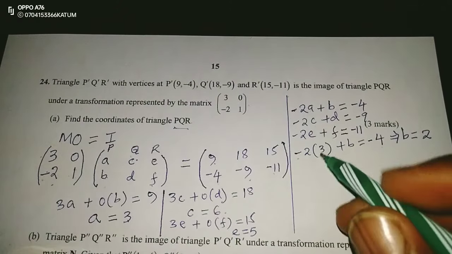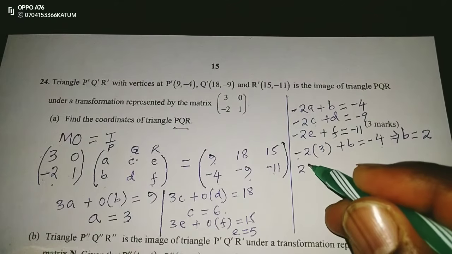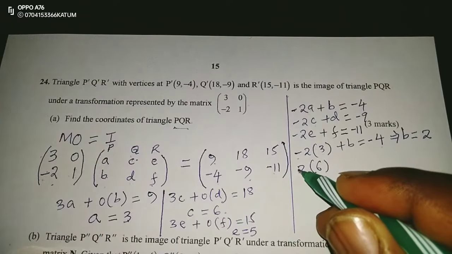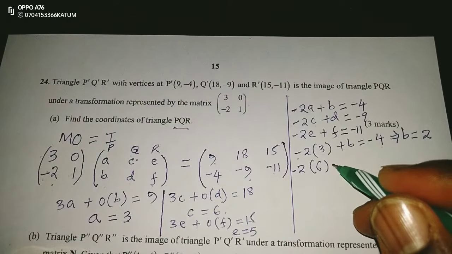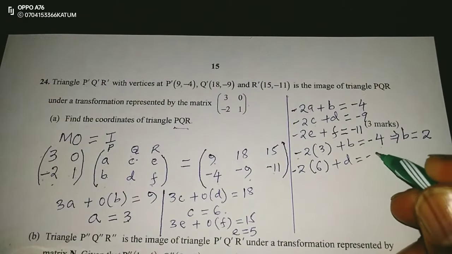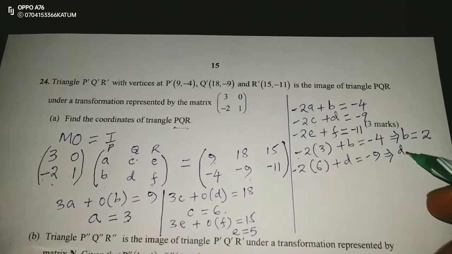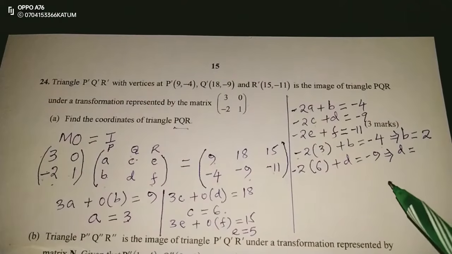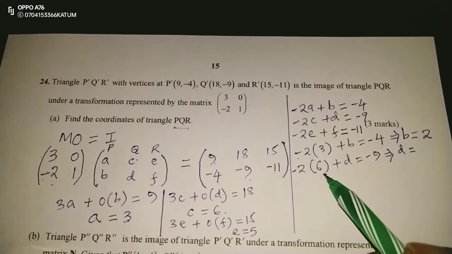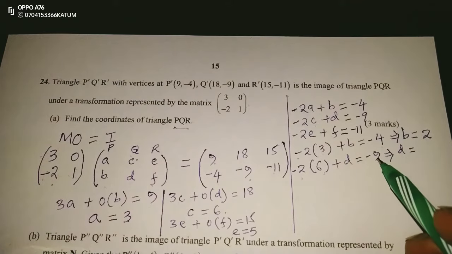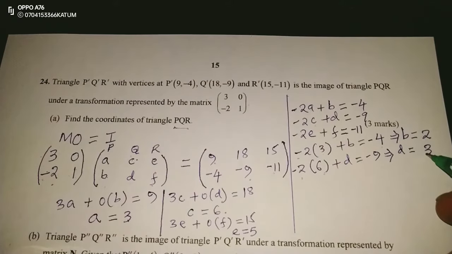So -2 times C, which is 6, plus D equals negative 9. We can settle the value of D: positive 12 minus 9, we get 3.